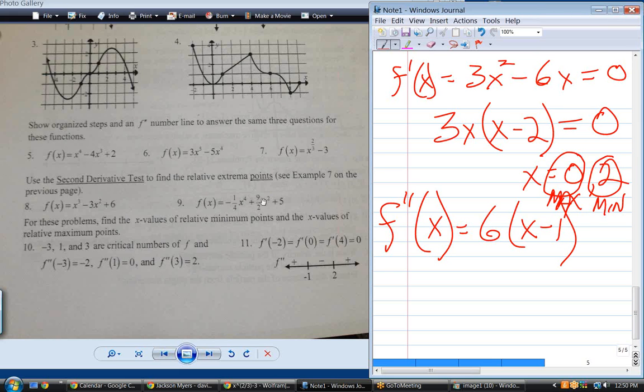So a cubic usually has 3 zeros. So you'll find 3 extrema on number 9. And I certainly can go through number 9 with you, but with only 10 minutes to go, you may choose a different problem if you want.